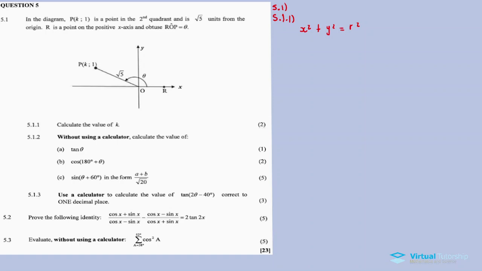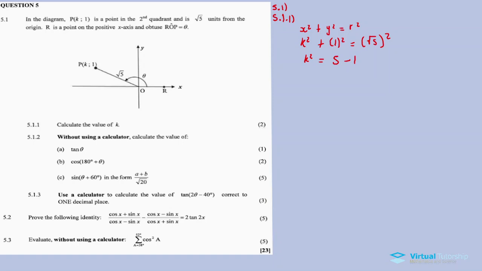Now we substitute. After substitution we find that k squared plus 1 squared is equal to the square root of 5 squared. Remember, k is the x coordinate for P, and then we simplify further. 1 squared is 1, and the square root of 5 squared is 5. Transposing 1, we remain with k squared. So k squared is equal to 5 minus 1, which is 4.